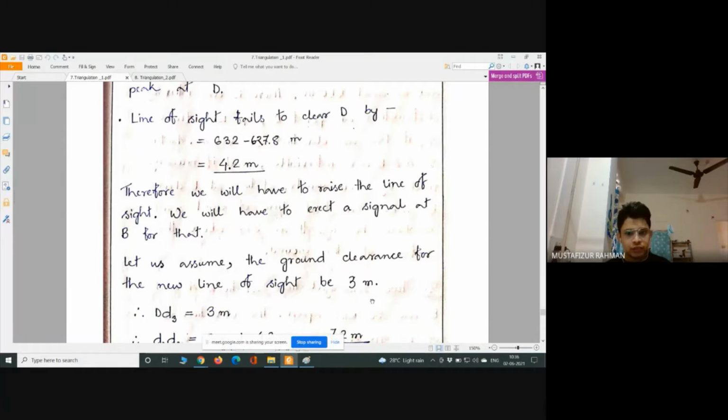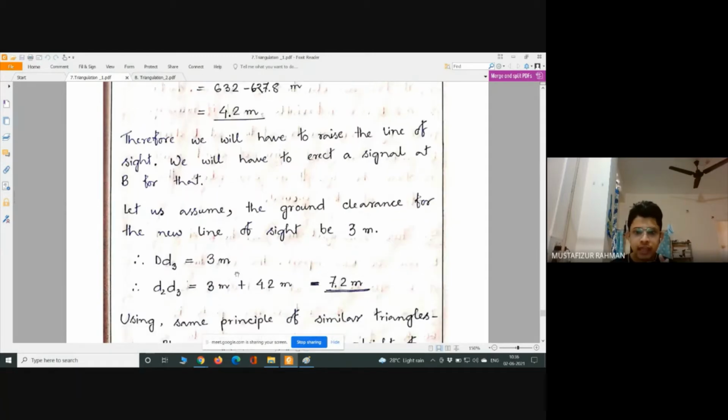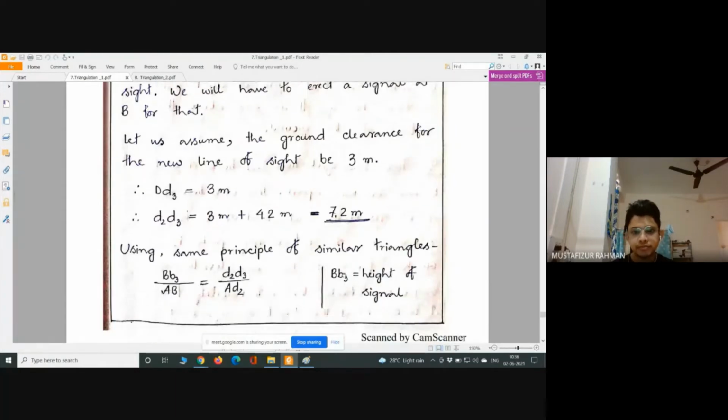It can be an assumed value if it is not given in the question. 2 meter, 2.5 meter, 3 meter, something like that, we can assume. So the line of sight has to be raised at D point by how much? 3 meter we are considering clearance, and 4.2 meter because it is below the actual ground at D point. So 7.2 meter.